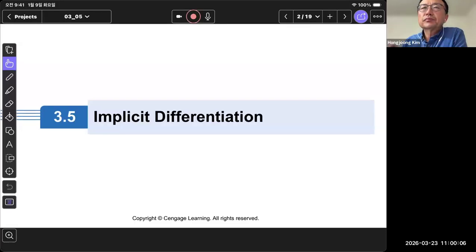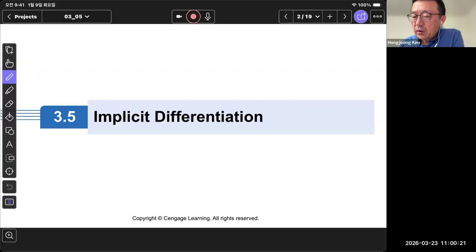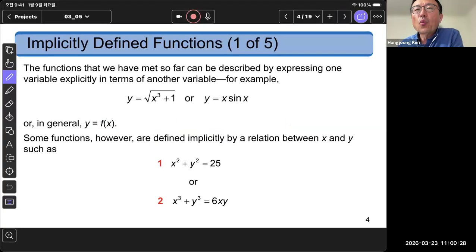Okay, now we want to consider something very interesting, which may be useful in some situations, called implicit differentiation. So far, when we considered the derivative of a function, its definition was given, like the square root of x cubed plus 1, or a product of two well-known functions.